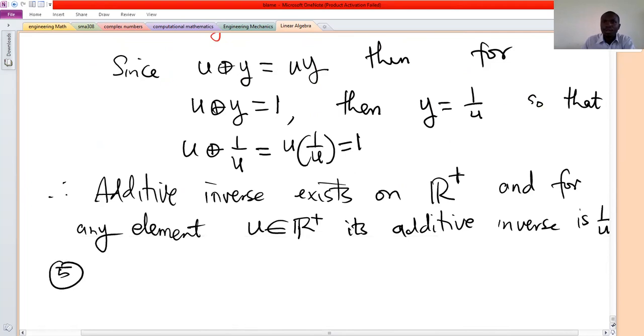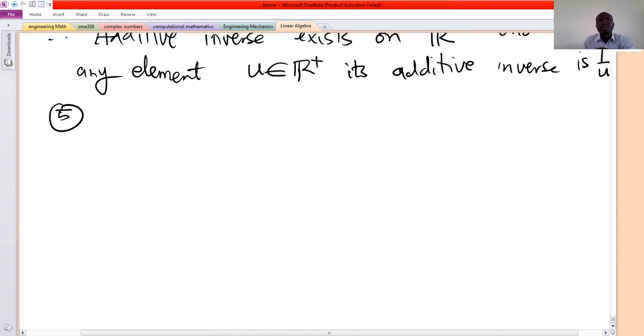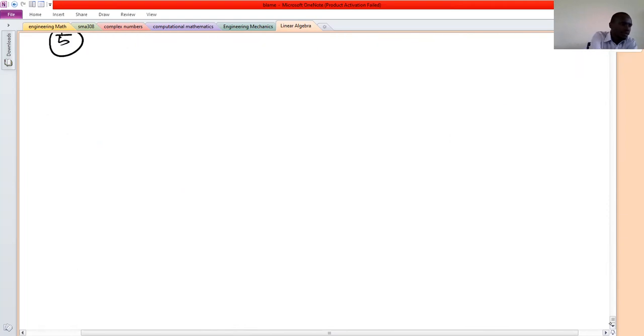Number 5. So we are to go to closure with respect to scalar multiplication, but that one has already been defined. So let's go to what we call distributivity.